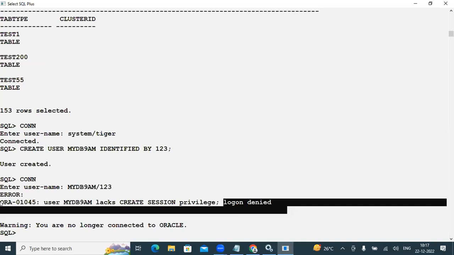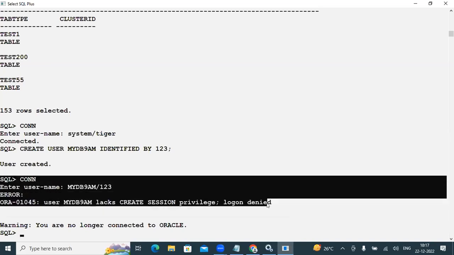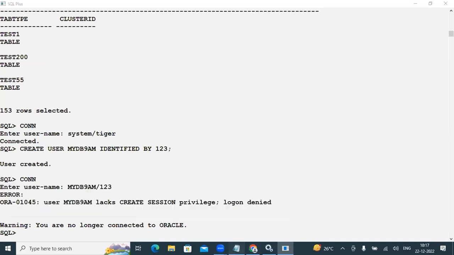Otherwise, impossible. This is called high standard security. So that kind of problem will be faced here. Now I'm connecting with this and you will get this error message.